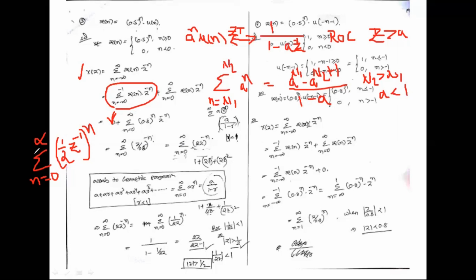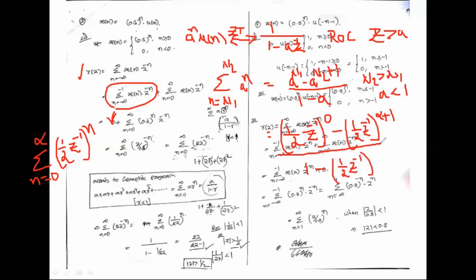Using this formula in this equation, instead of a it is 1 by 2 z inverse, n1 is 0, n2 is infinity. That is equal to (1 by 2 z inverse) whole power 0 minus (1 by 2 z inverse) whole power infinity plus 1, because n2 is infinity here, whole divided by 1 minus 1 by 2 z inverse.